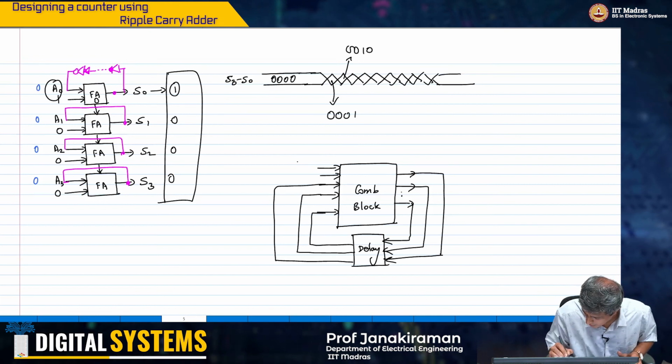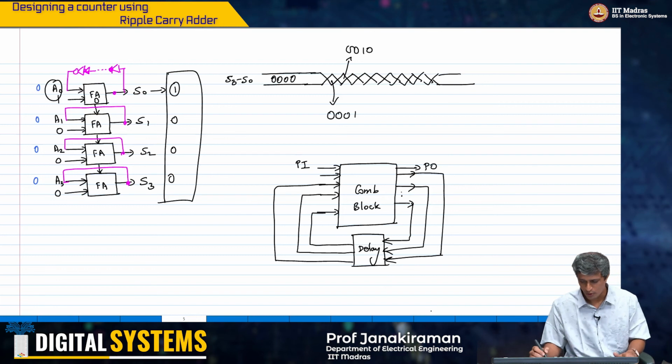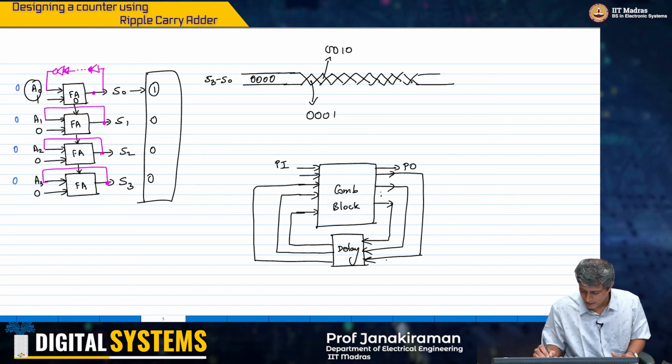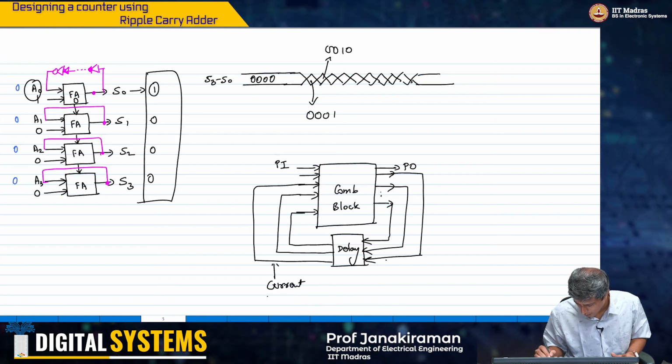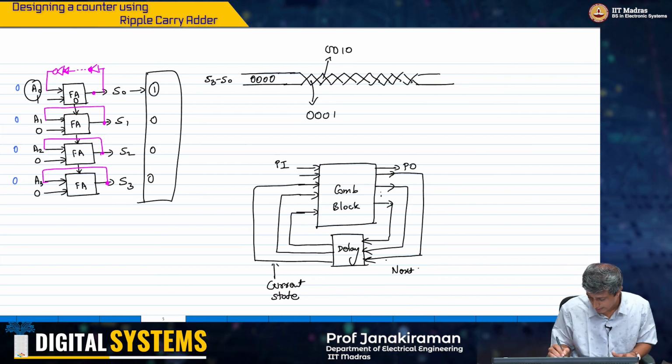And I could have one output which is again a primary output. This is my current state, and after a delay I want to give it as what I call the next state.